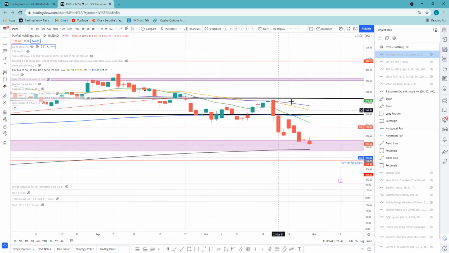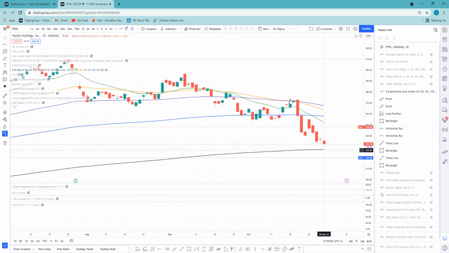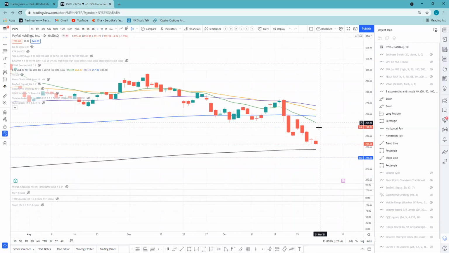Price is below 20, 50, and also below 200, right? This is 200, and this is coming 400. So 227 is a very good area for support because this is dynamic, right? So you need to also watch for the support, and the price has already fallen so much here. So there might be some retracement up to this level, like 250 or something.